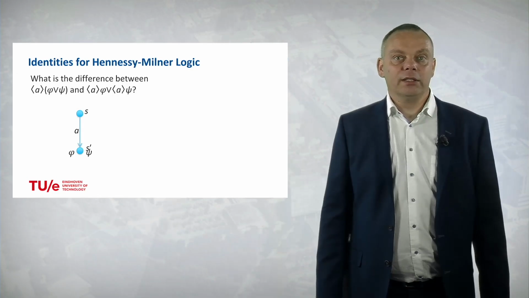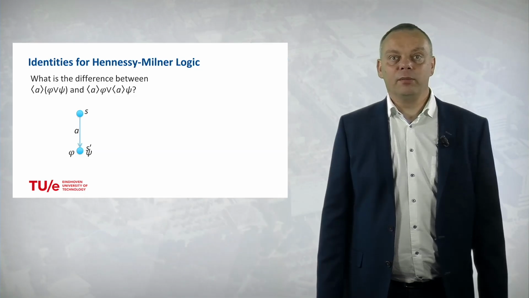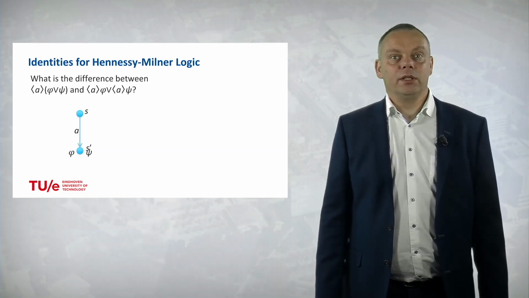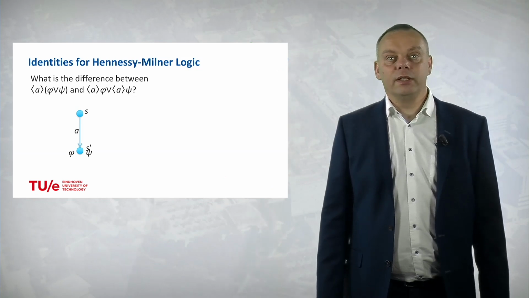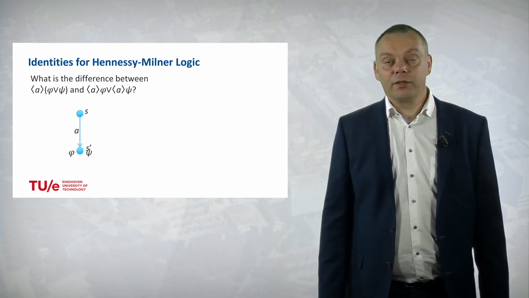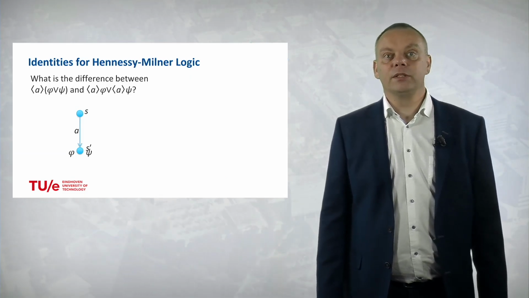So if phi is valid, then the right formula is also valid because we have an A transition towards a state where phi holds. If psi is valid in the end state, then the formula at the right is also valid. So if the formula at the left is valid, the formula at the right is valid.